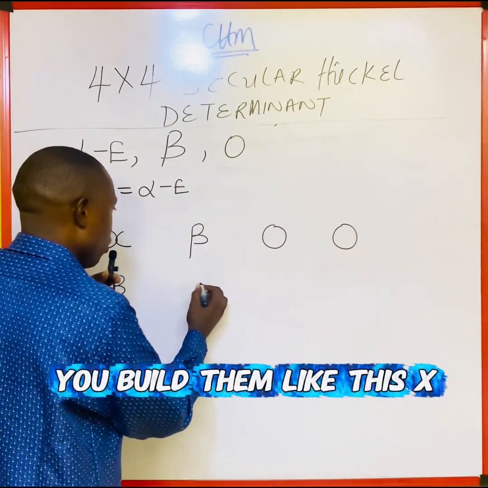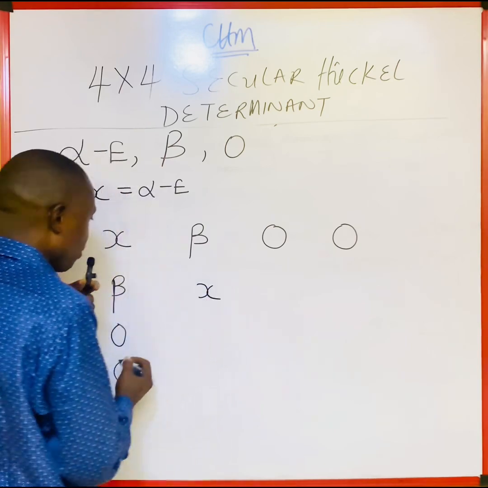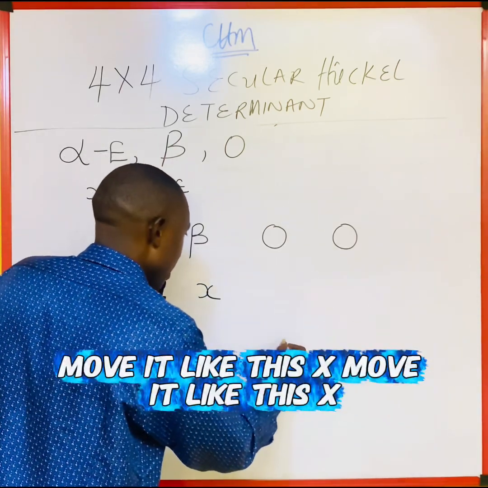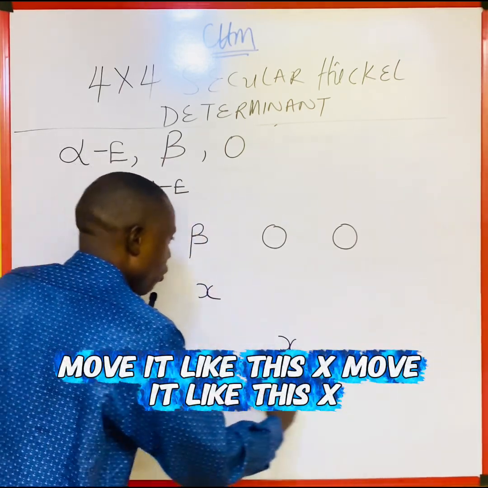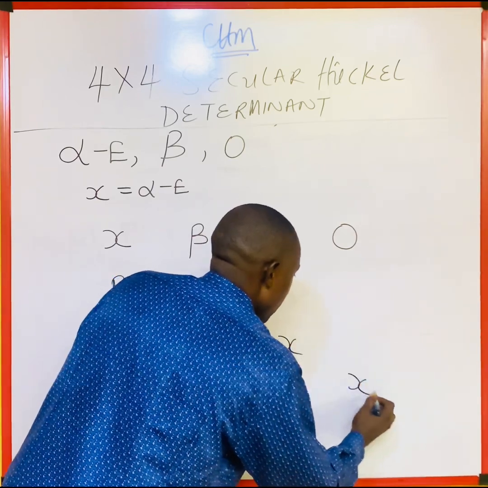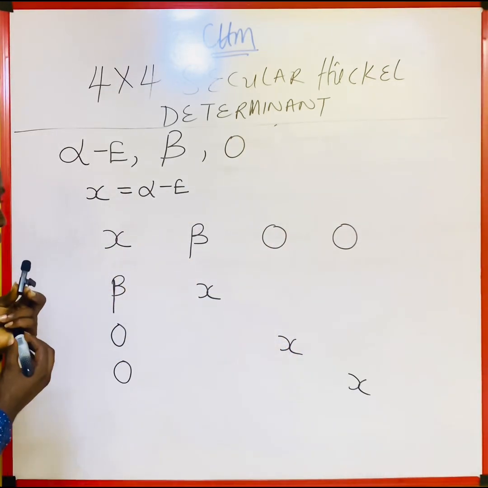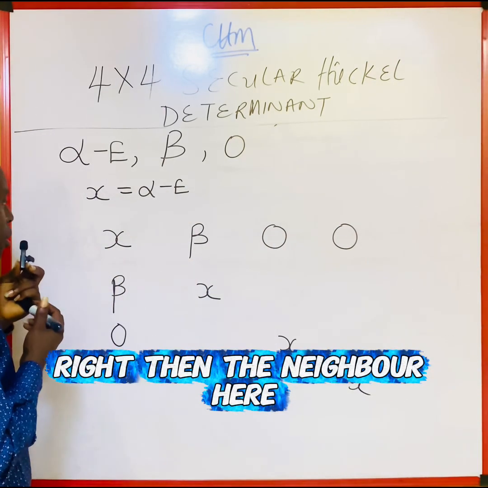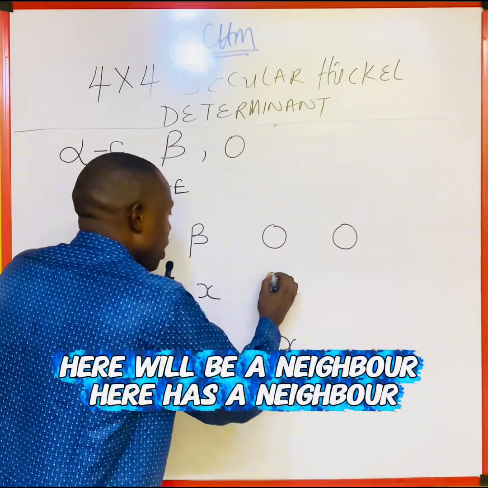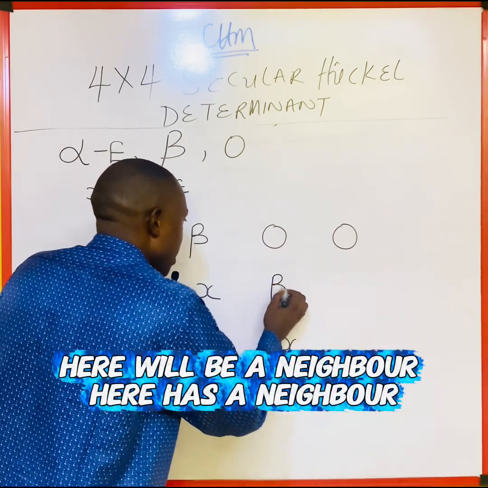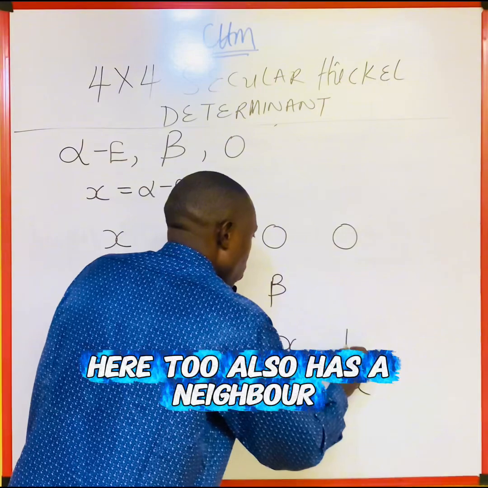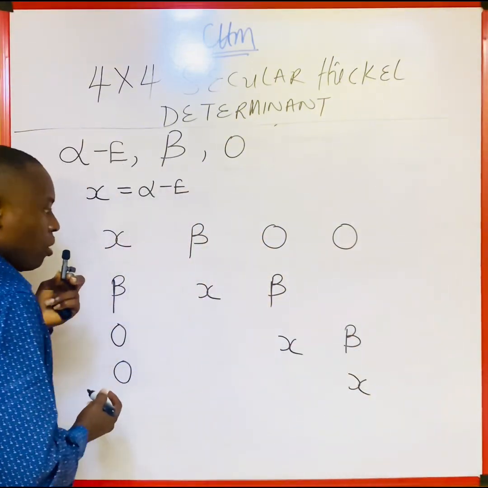We build it like this, x. Move here like this, x. We'll move it like this, x. That's the diagonal form, right? Then the neighbor here will be a neighbor. Here add a neighbor. Here also add a neighbor, right?